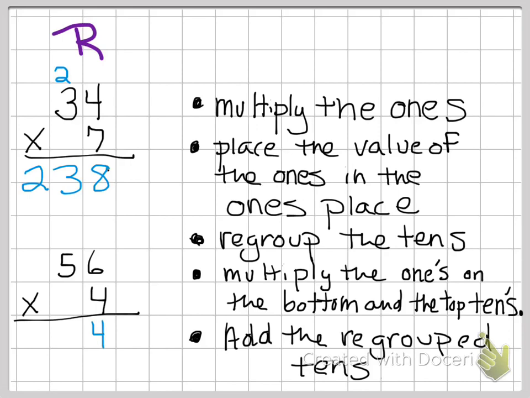I'm placing the ones in the ones place. I'm regrouping the tens. Now I'm multiplying the ones on the bottom times the tens on the top. 4 times 5 is 20. Plus 2 is 22.